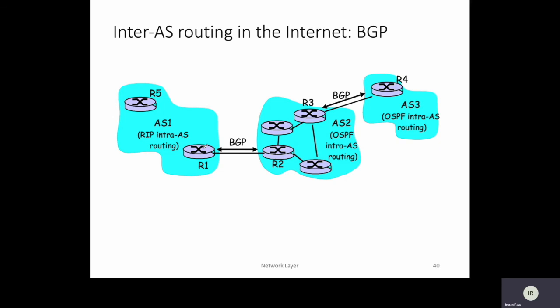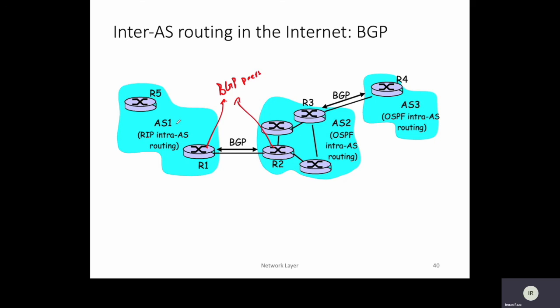Okay, so in this example, the routers that communicate using the BGP protocol are called BGP peers. So, for example, at the moment, these two routers are communicating using BGP, and these two routers are called BGP peers, Border Gateway Protocol peers.